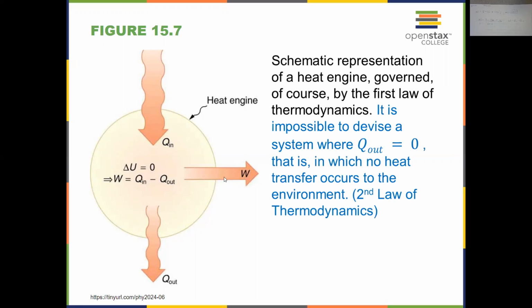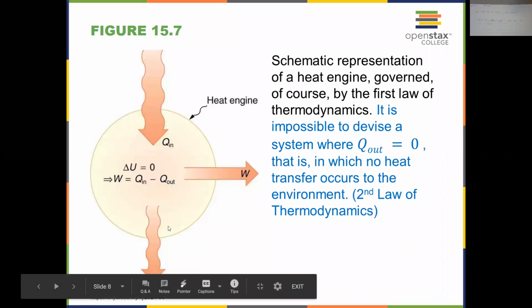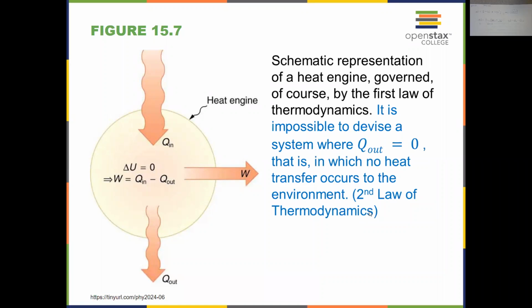Now, some people were thinking that if you could convert all the heat taken in into work done, then this engine would have a very high efficiency. But in reality, that's not possible. In reality, you have to have some excess heat dumped into the environment. That's also called the second law of thermodynamics, which we'll talk about more in the coming section.